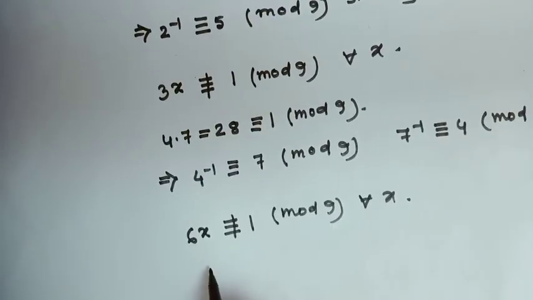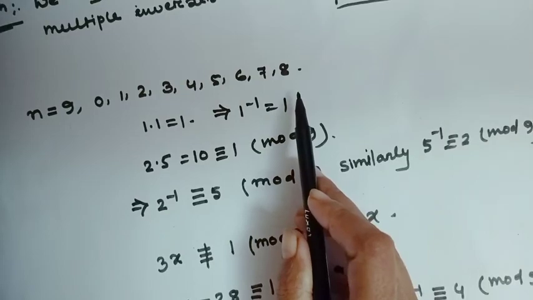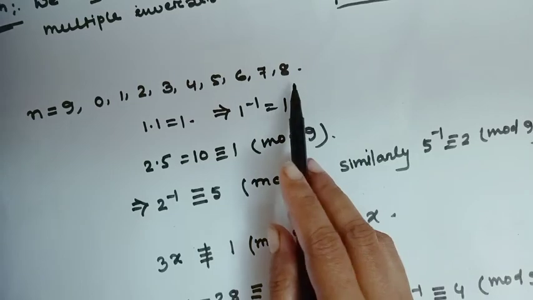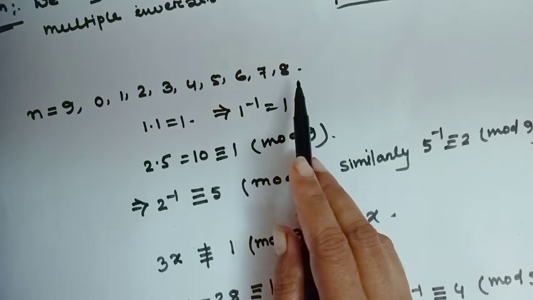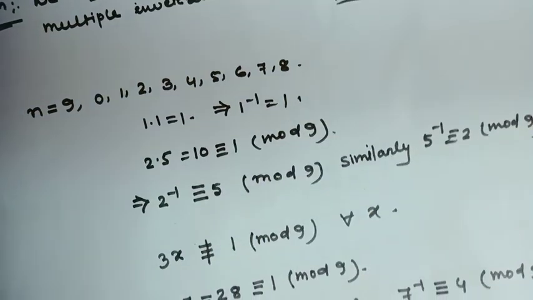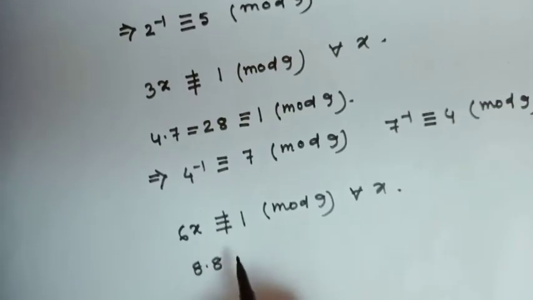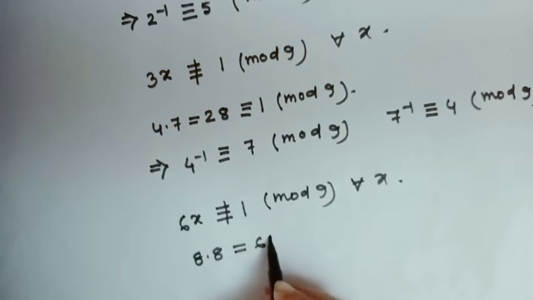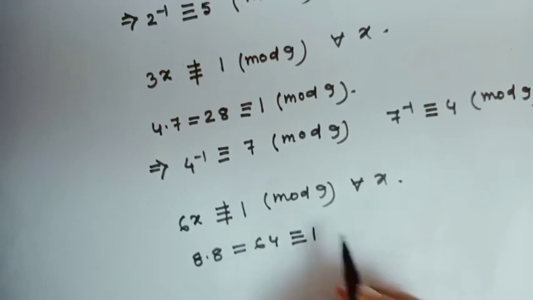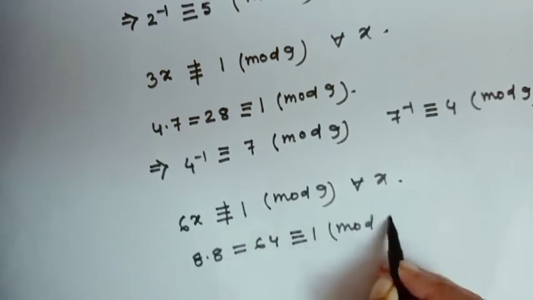We now look at the element 8. 8 times 8 equals 64, which is congruent to 1 modulo 9.